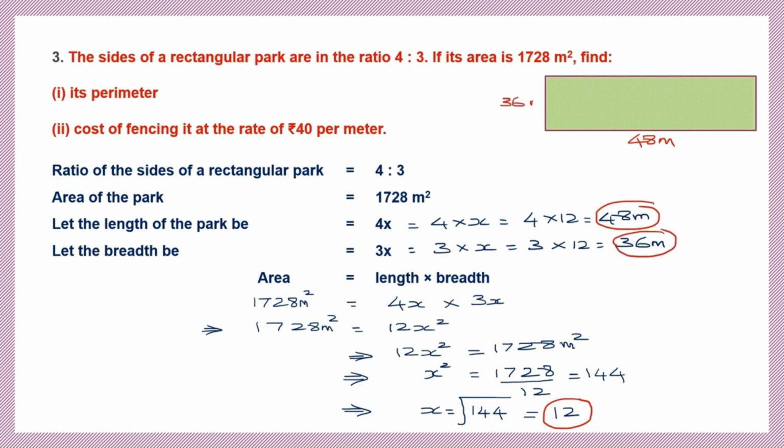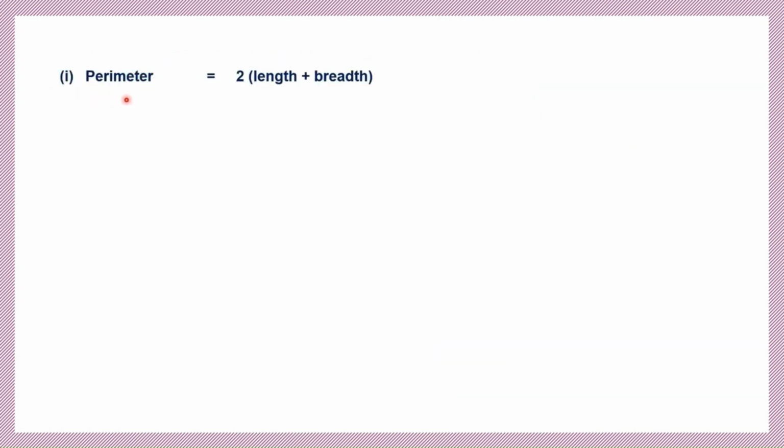36 meters here. So now we can find the perimeter by applying the formula. So we can find the perimeter because we have the length and the breadth now. So let's do that. The formula to find perimeter is 2 into length plus breadth. So let's substitute the values now. So 2 into length is 48 meters, we just found out, and breadth is 36 meters.